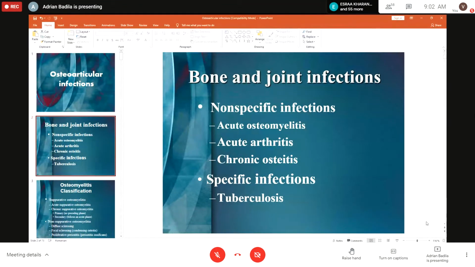And we have specific infections produced by special germs like Mycobacterium tuberculosis that produce tuberculosis, of course, and we are interested in osteoarticular tuberculosis.